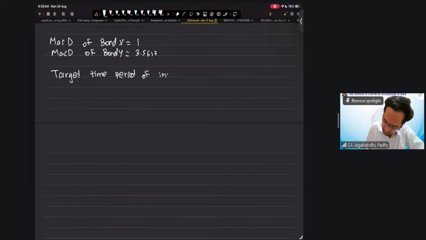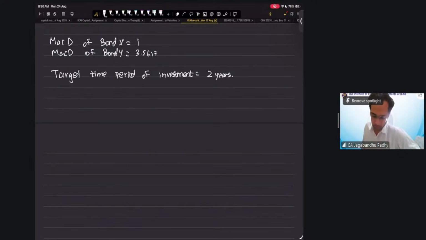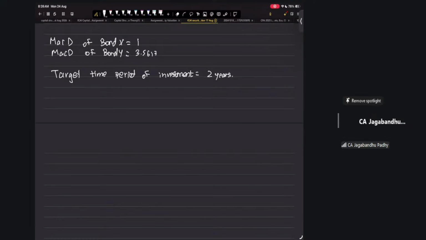With this target time period of 2 years, we need to work out the weightage required.